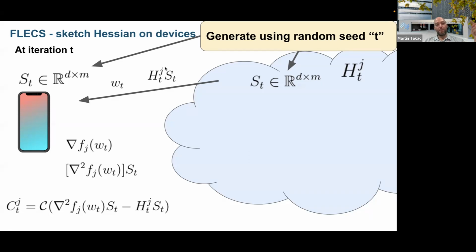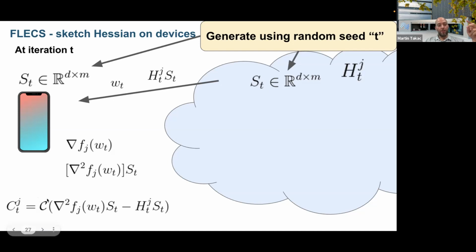He received a message from the server telling him, if I use your estimate of your Hessian, which I had, using the sketch matrix S, that's what you get. Now you tell him, hey, by the way, my Hessian is slightly different in this direction, and therefore you should somehow adjust your estimate of the Hessian by this message C_t^j, okay?